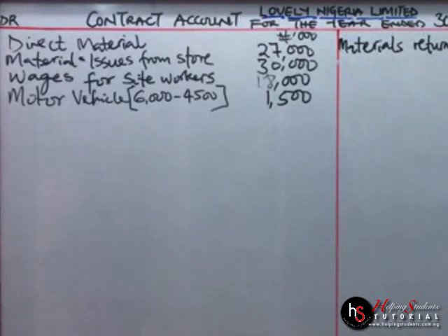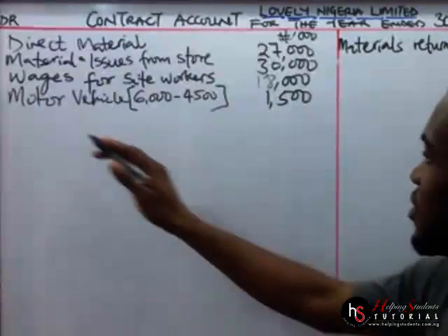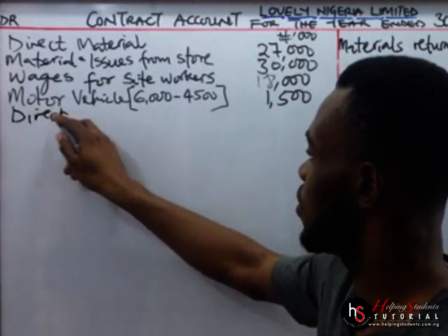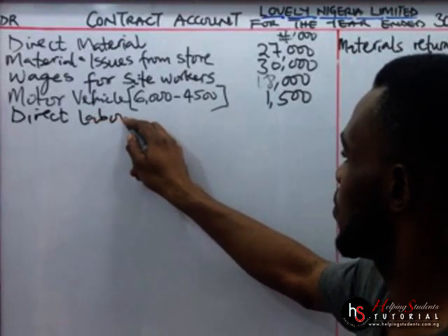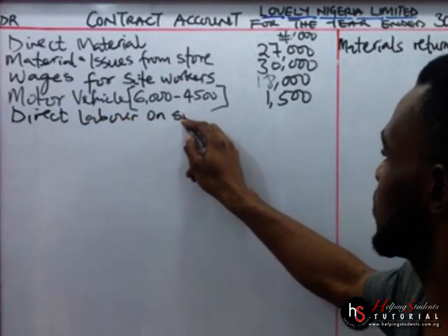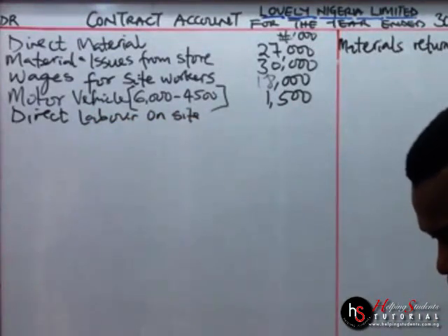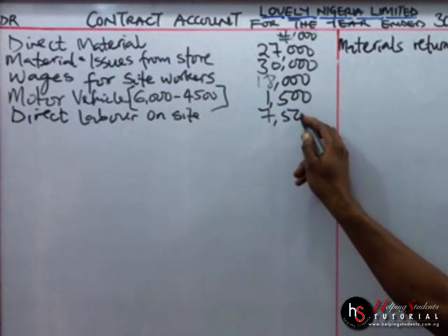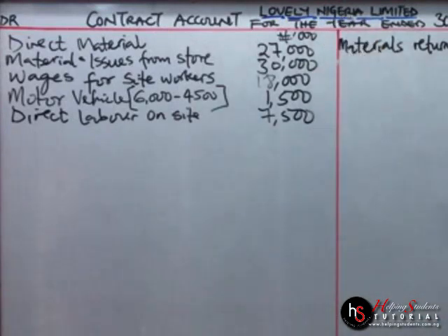So we'll proceed again. The next thing we have there is direct labor on site. It comes to this area as well. Direct labor on site. So we have what? 7,500. Remember, these are millions, okay? We'll have this sign already.